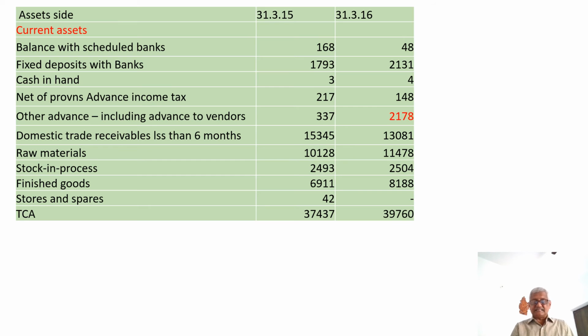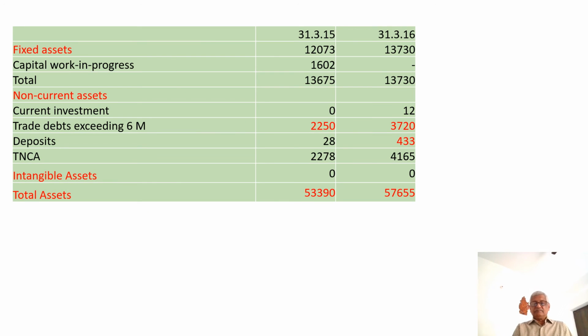Coming to the current asset side, the cash and cash equivalents are there. Then trade receivables are there. Then inventories are given. There the noticeable figure is other advances, including advances to vendors, which had increased from 3.37 crore to 21.78 crore. When it comes to fixed assets, we have already discussed.